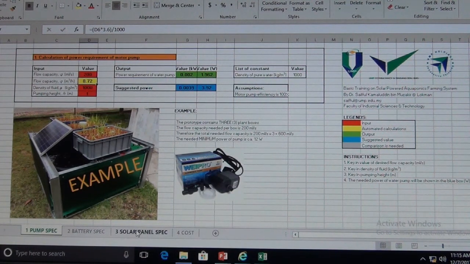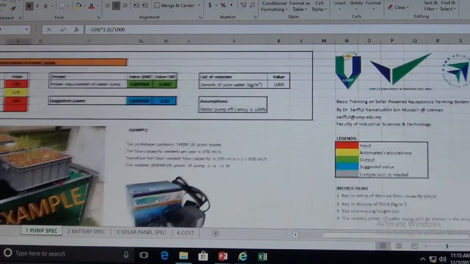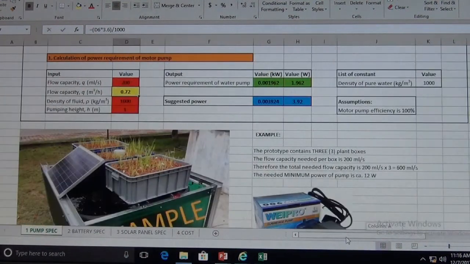So as you can see from the picture here, we have the aquarium at the bottom of the prototype, and we have the hydroponic system at the top of our prototype, inclusive of the solar panel and the battery to power up the motor. Now, how do we calculate the specification of the motor?